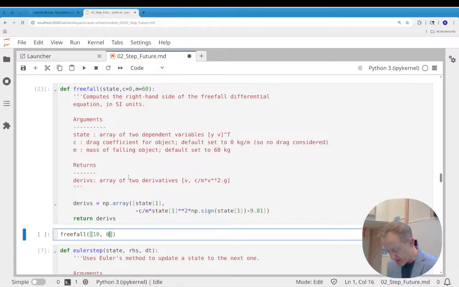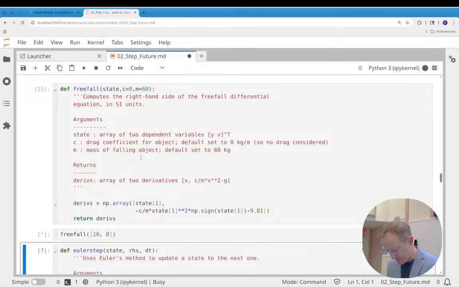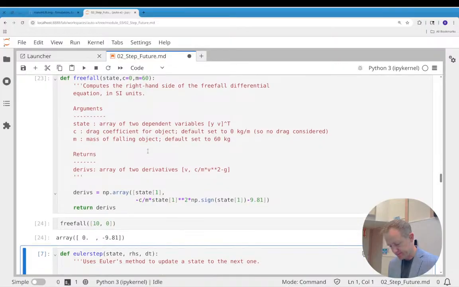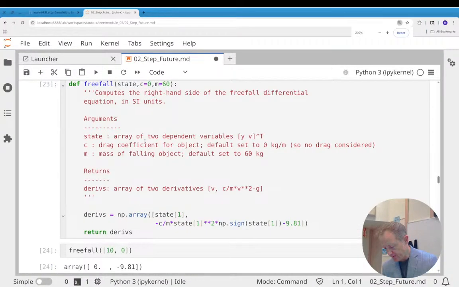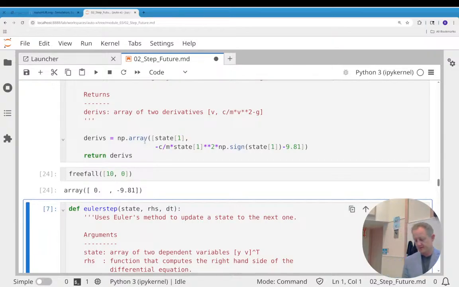Oh, and this one is c equals 0, so that's fine, because we're just testing out the zero speed. And sure enough, that's what we get.